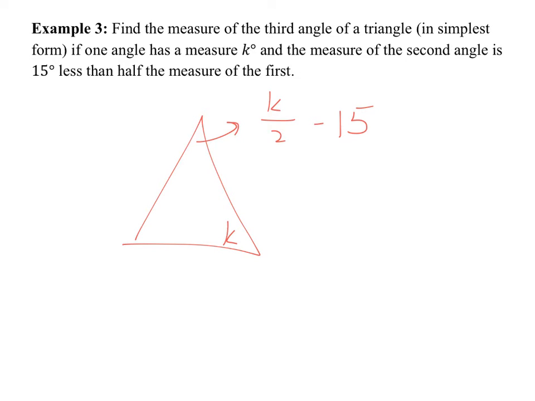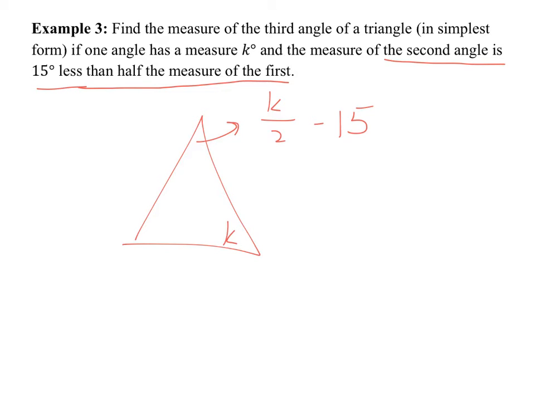It says the second angle is 15 less, so that'd be the minus 15. Then half the measure of the first, so it'd be half of the second. Very good. So if you put 1/2 K minus 15 or K over 2 minus 15, either way, that top angle, wherever you drew it, is really 15 less than half of the first angle we identified.